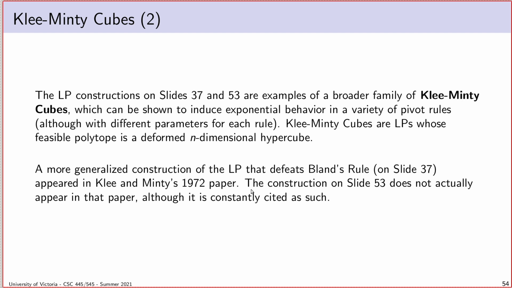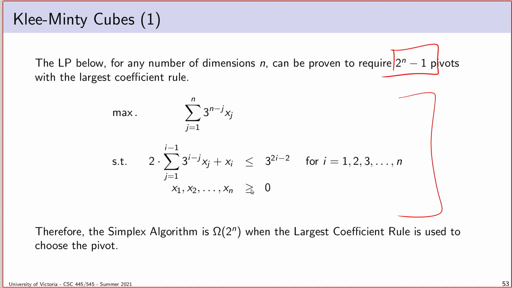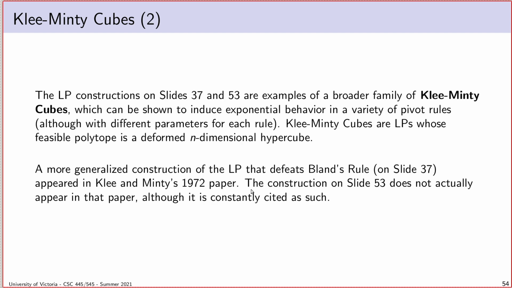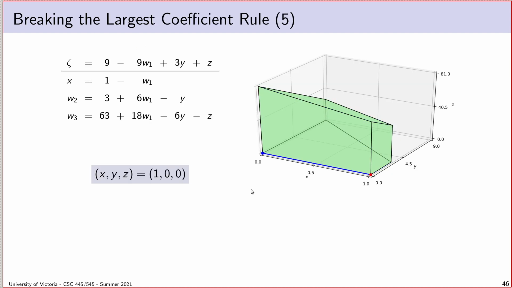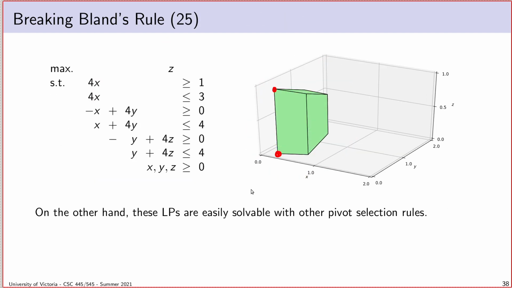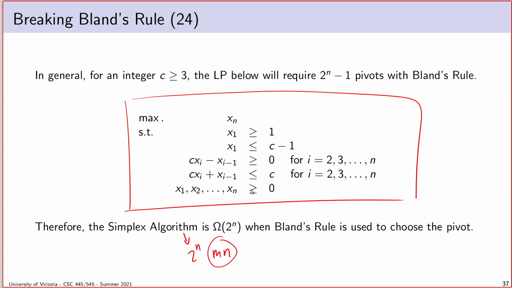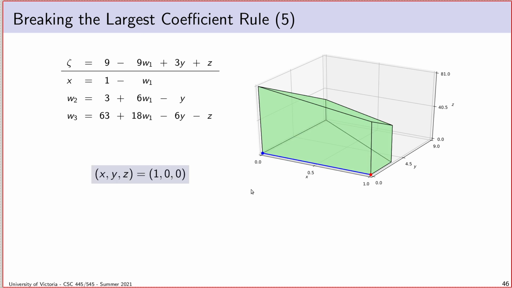Because when I finally got Klee-Minty's paper, after reading tons and tons of other sources, books, including our textbooks, that cite this construction and other related ones to Klee-Minty, I was pretty surprised to see that this construction doesn't appear in their paper at all, and neither does this one back here. Constructions like this that frame it in terms of a maximization problem or an LP in any way are not found in Klee-Minty's paper.